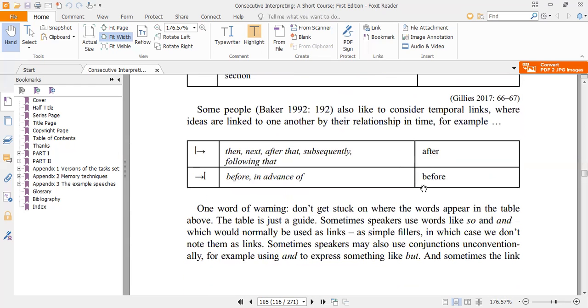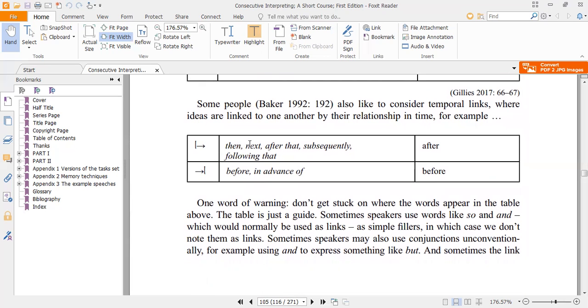Regarding after and before, we can write this symbol to refer to the after and before this line. This is the abbreviated form of before. This is after. After, not then, next.